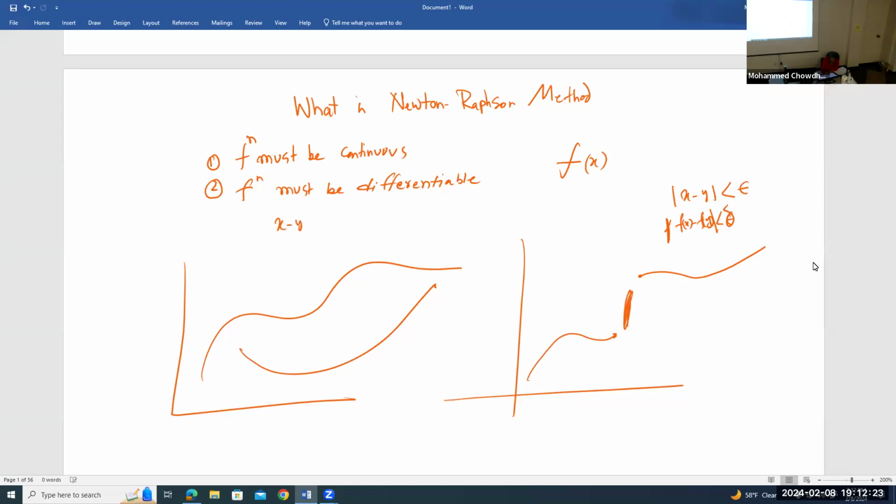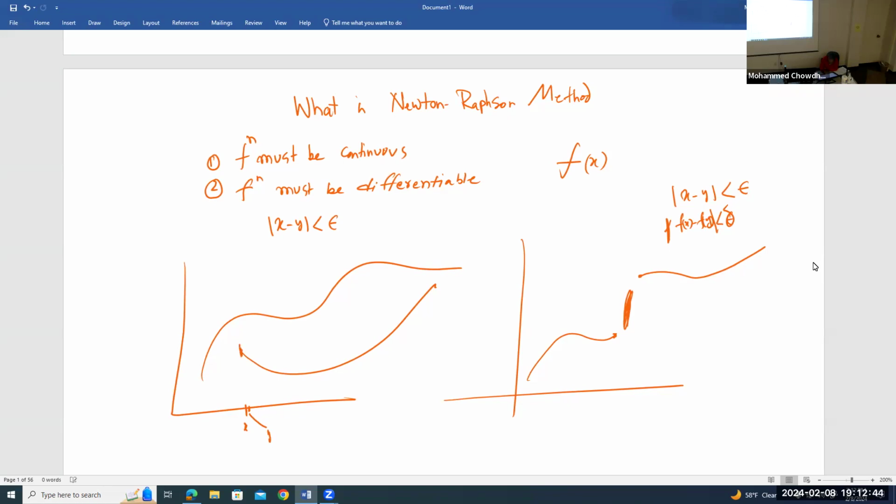If their distance is very small, suppose here is x and here is y. So their distance is very small, that is x minus y equal to a very small distance.